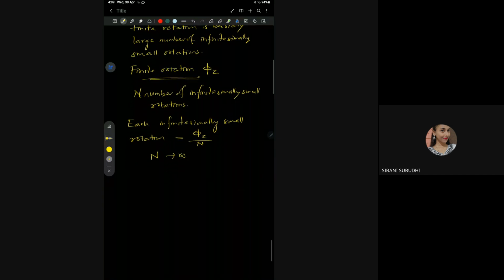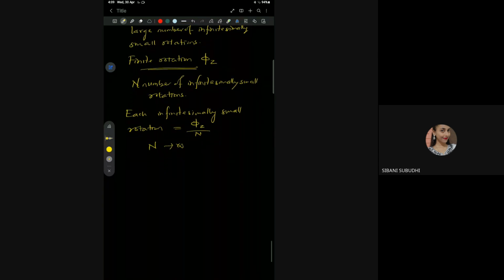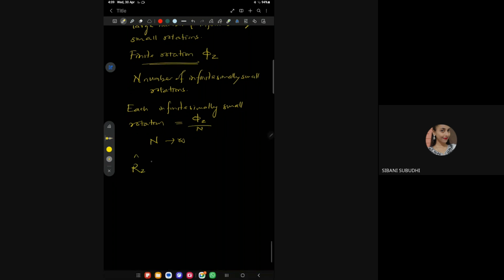So the rotation operator Rz of phi z can be written as the limit n going to infinity of identity minus i phi z Lz by n h cross.